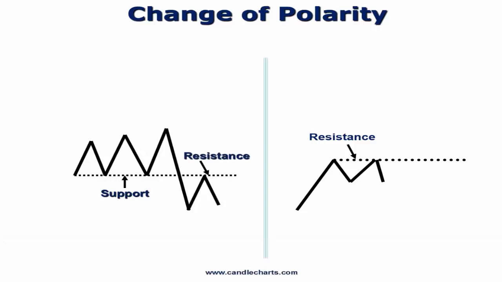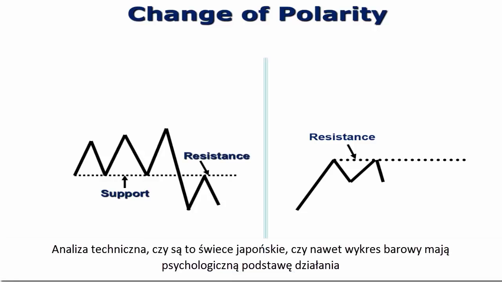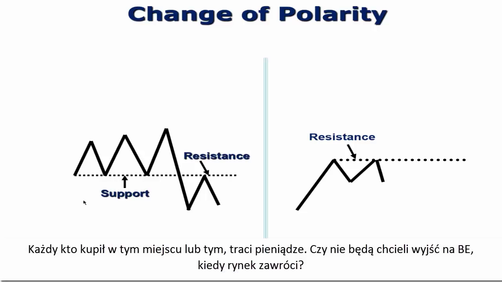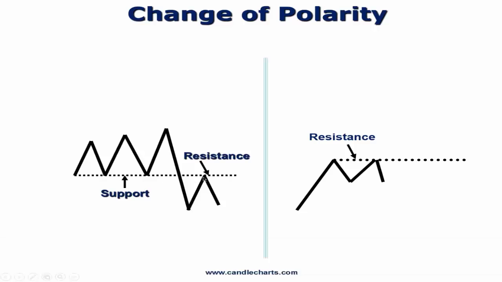And think about this: technical analysis, whether it's candlestick charts or even bar charts, has valid psychological reasons why it works. And here's a case in point. Anybody who bought here or here or here or here, once the market breaks, are now losing money. Wouldn't they be thrilled to get out at break even if the market came back?